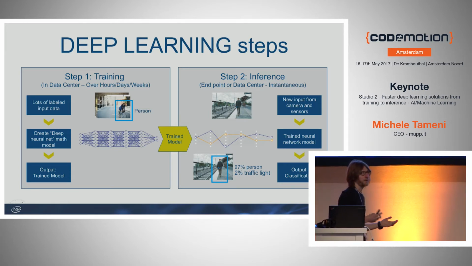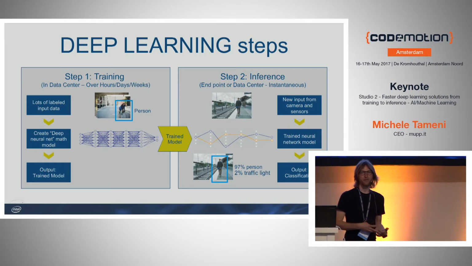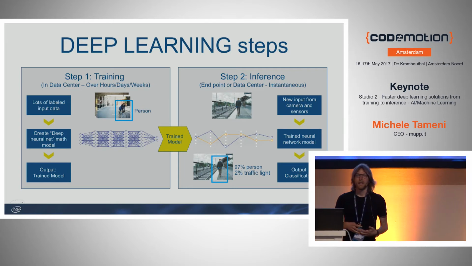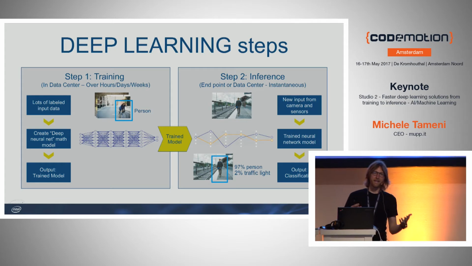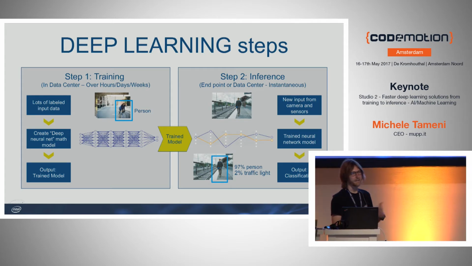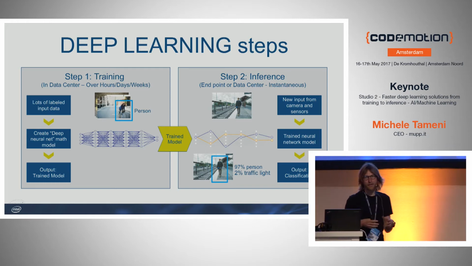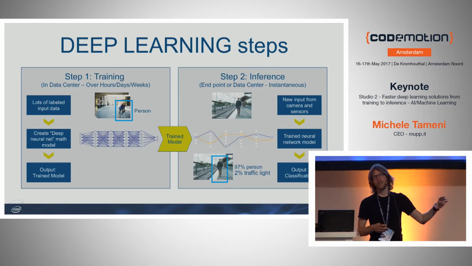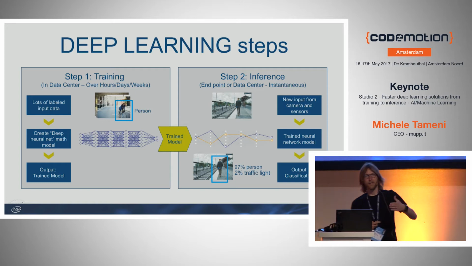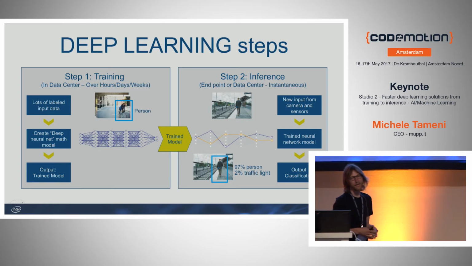In this way, you can give all this information to the network, and the network will train itself and learn from this data set. This is called supervised learning. Usually, as I said, you get some images, you say to the network, this is a person, this is a cat, this is a car, or something like that, and it learns. Once you've done this process, you get a trained model.